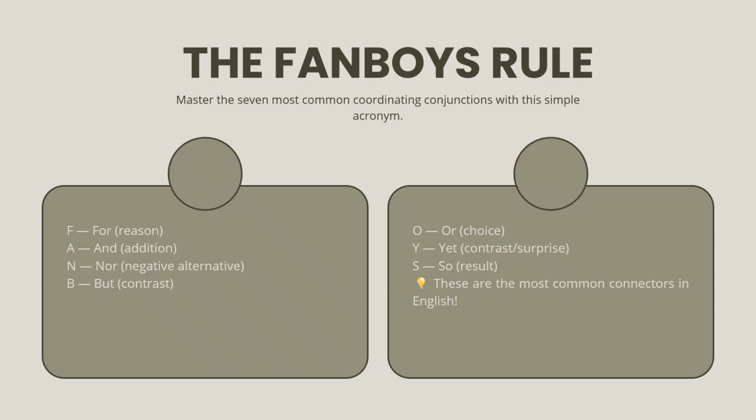FANBOYS rule. Now, an easy way to remember: FANBOYS: for, and, nor, but, or, yet, so. These are the main coordinating conjunctions. You will use them in daily English.